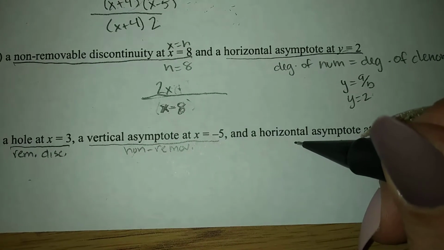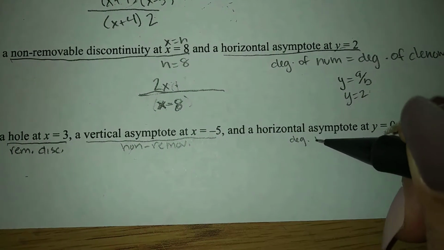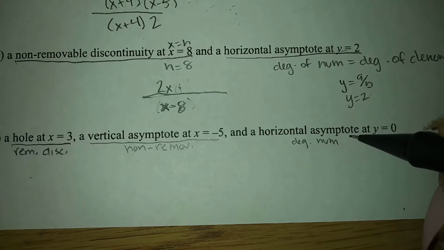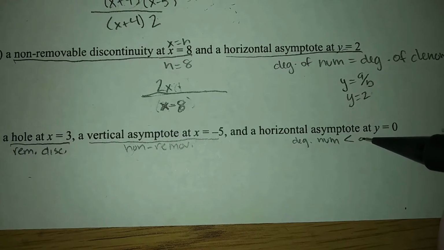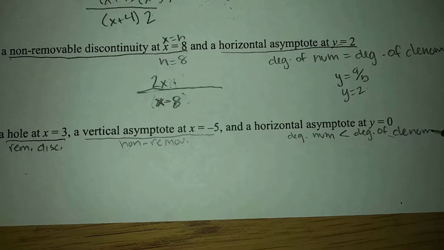So that means that the degree of the numerator should be less than the degree of the denominator.